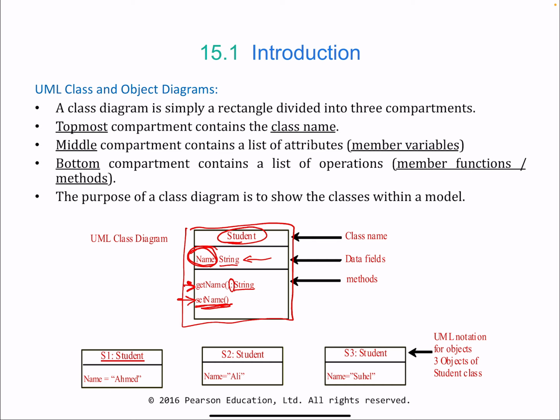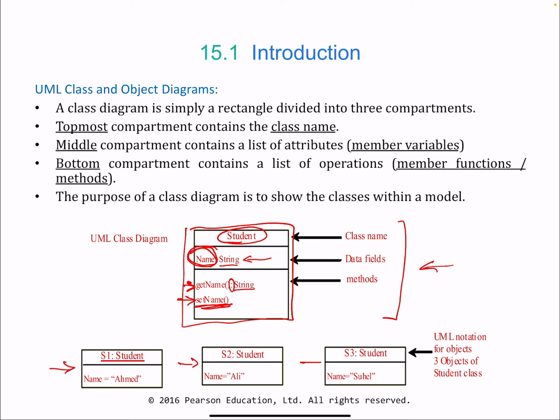And just like you can represent a class using a UML class diagram, you can also represent objects or instances made from that template. And that's what we've done here at the bottom.